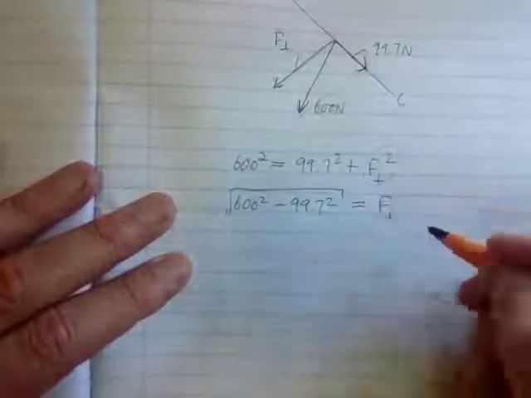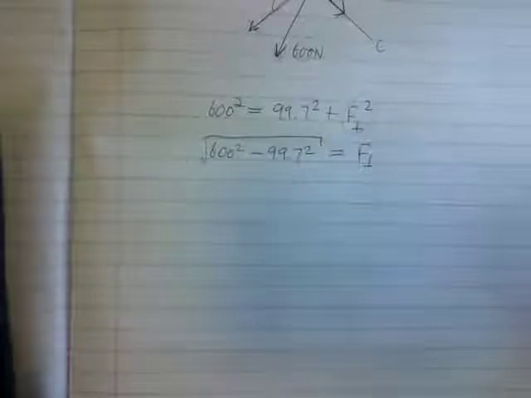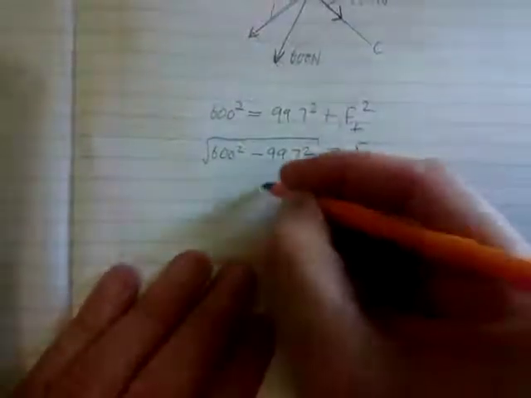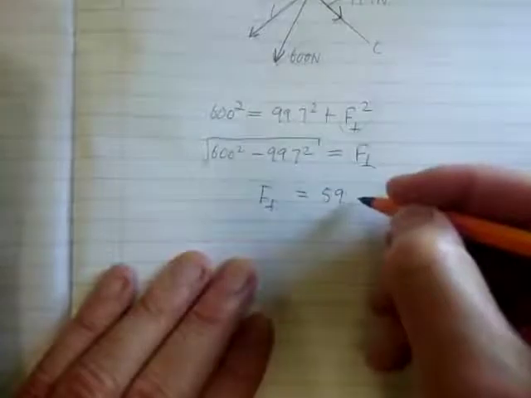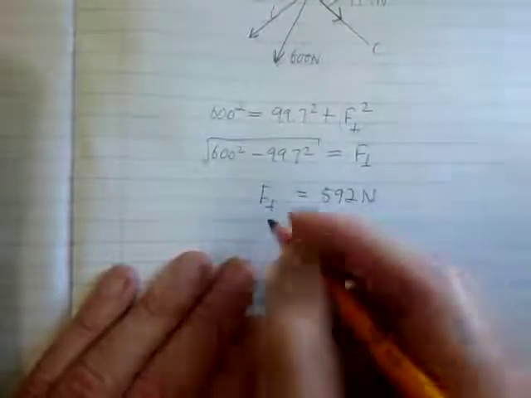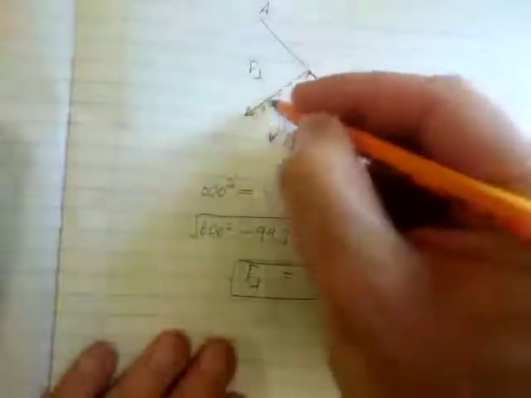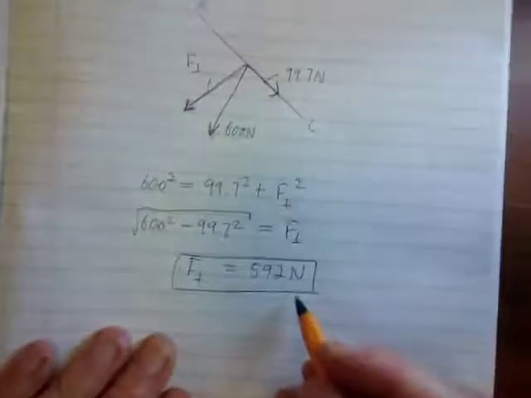So 600 squared minus 99.7 squared, if I take the root of that, F perpendicular is 592 Newton.